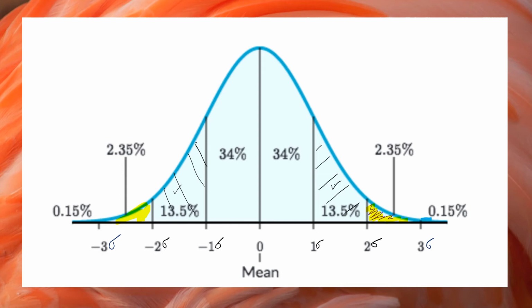Then the small portion here, this meager amount, will be half of 0.3, because 99.7 lies in the center between minus 3 sigma to plus 3 sigma. 100 minus 99.7 is 0.3. Half of 0.3 is 0.15. So only that meager amount will lie on both ends of the scale, 0.15, 0.15.